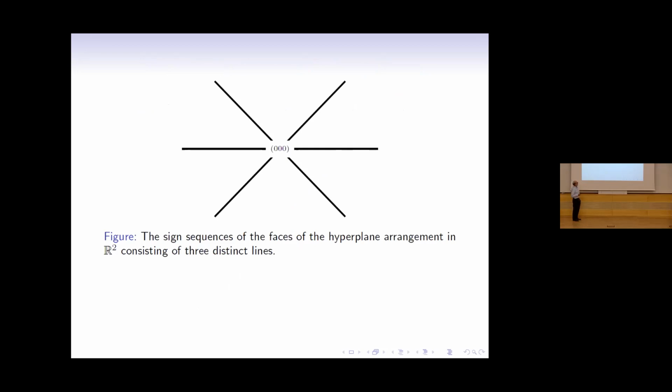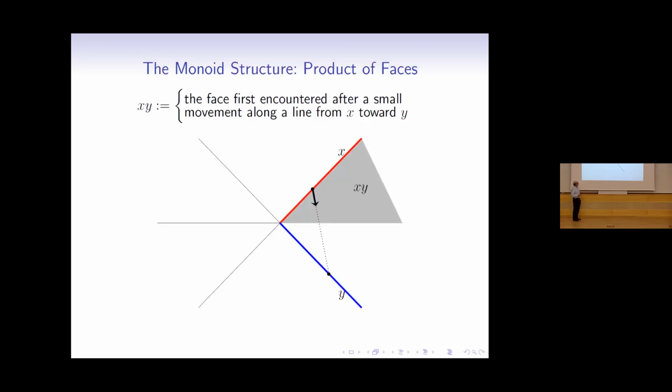Here's another way of looking at it. I should say that this product was defined originally by Tits, but he looked at it as a geometer should, as a projection of one face on another. He would call this the projection of Y on X, and he looked at it as a unary operator. As a unary operator, he wrote down some rules. The product of a triangle and an edge is always a triangle, and the product of 2 triangles is always the first triangle.